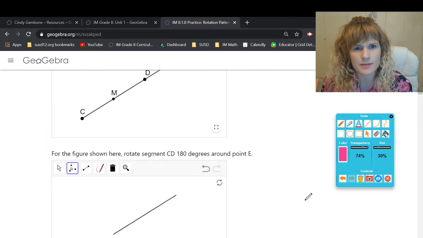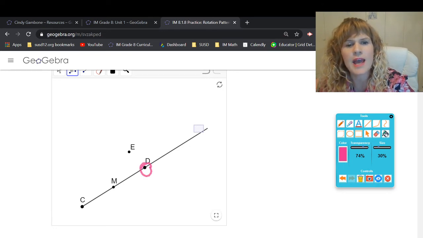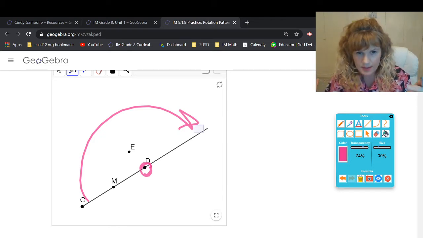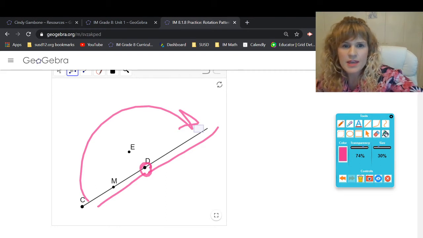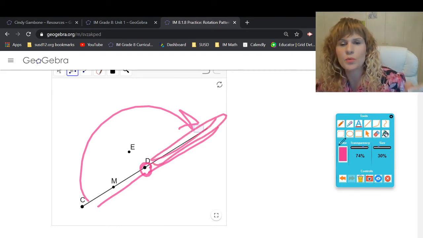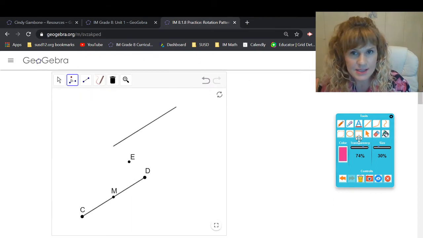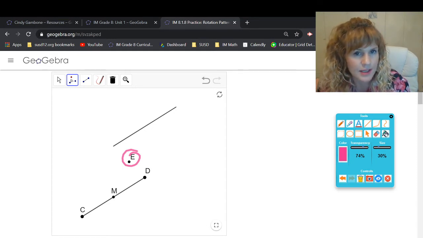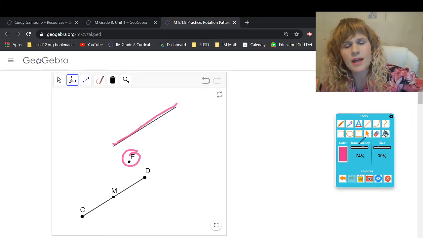Okay, let's have a quick review of what you learned. I'll clear my pencils. In the first example, we rotated around the end point, 180 degrees. What happened? The line segment looks like it just extends. The image is in line with the original figure. In the next example, we rotated around a point not on the line segment. What happened? We got a parallel line segment. These are parallel.